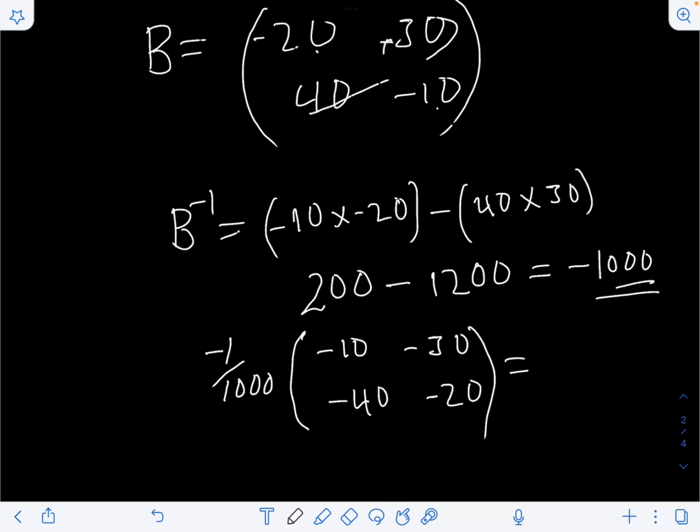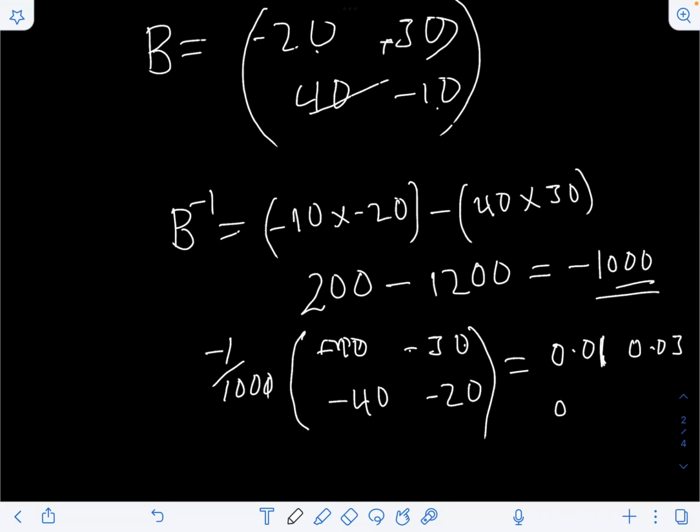Then what's our final answer here? Negative 1 over 1000 times negative 10 will give us 0.01. Then the other one is positive 0.03, why positive? Because the negative goes away.